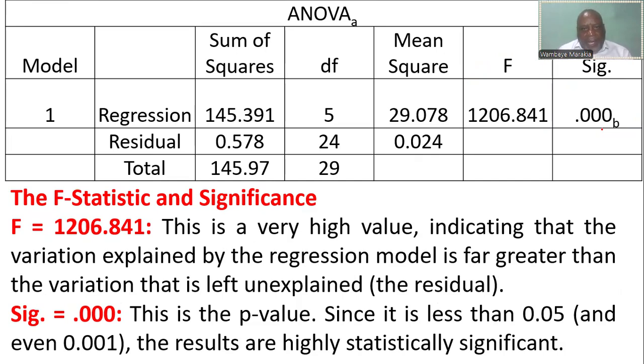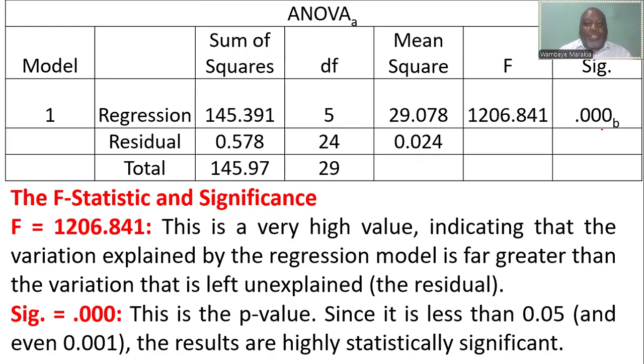The F statistic is very high, indicating that the variation explained by the regression model is far greater than the variation that is left unexplained. So when you get a very high value, it means that the variation explained by the regression model is far greater than that which is not explained.